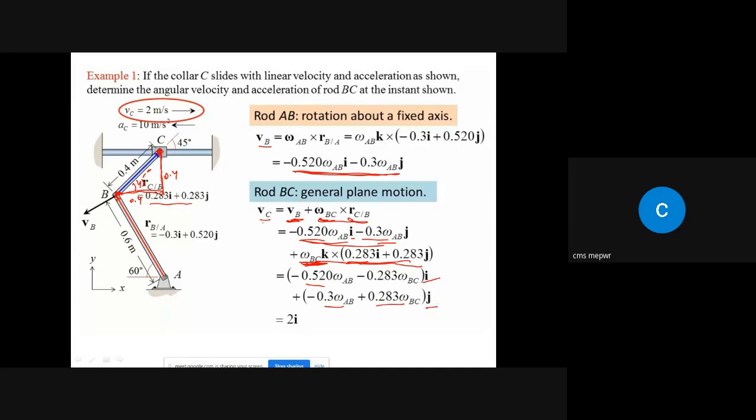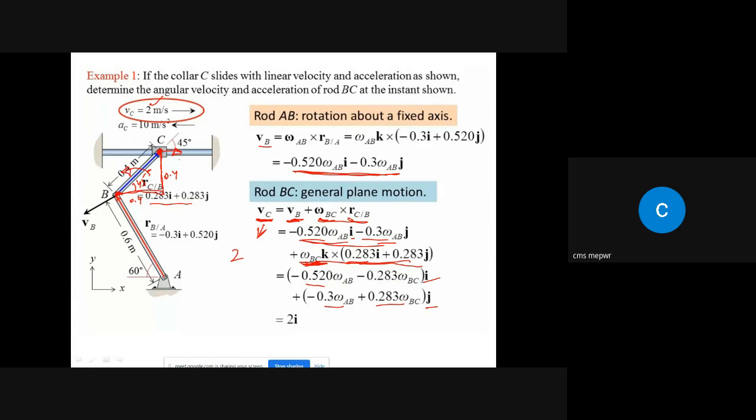Okay, so what is this? This is VC, and in the question it is given that VC is equal to 2 meters per second. This is basically the magnitude. And what about direction? Since the rotation is like this, it can be possible only if this point C moves towards the right.